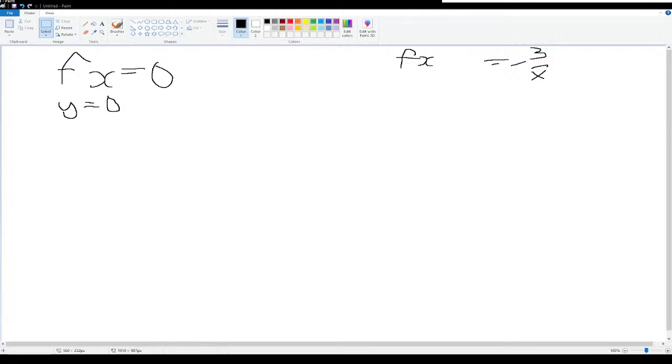Okay. So essentially, the first thing I need to do is find the asymptotes. We have the y asymptote. We need to find the x asymptote. To find the x asymptote, we essentially make the q 0, so y equals negative 3 over x plus 0.